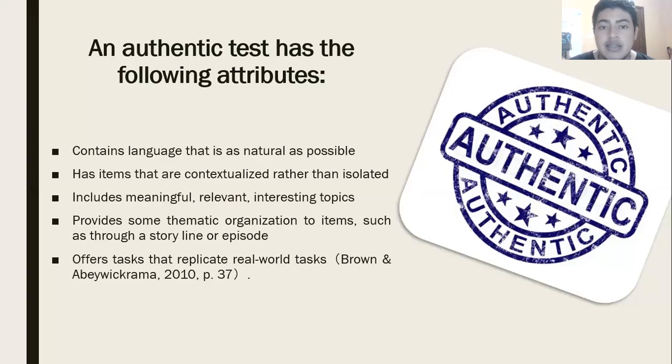An authentic test has the following attributes: it contains language that is as natural as possible, has items that are contextualized rather than isolated, includes meaningful, relevant, interesting topics, and also provides some thematic organization to items, such as through a storyline or episode. It offers tasks that replicate real-world tasks.